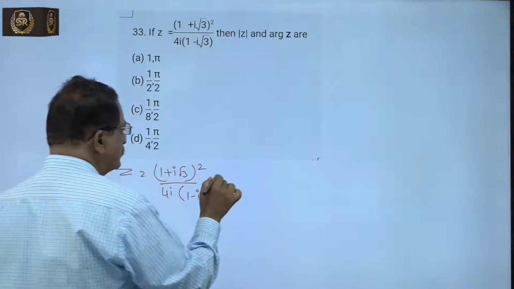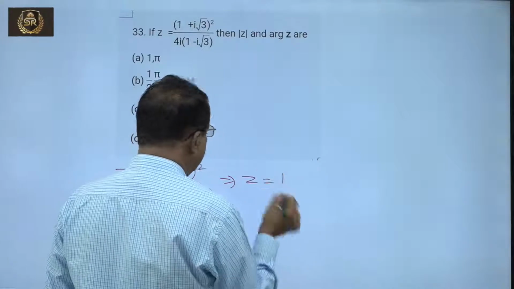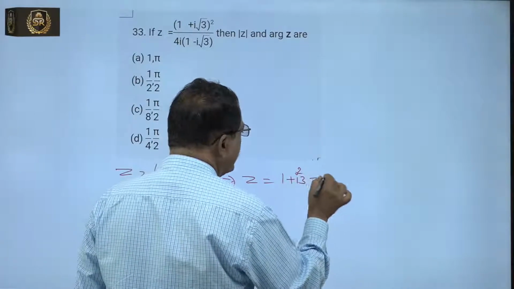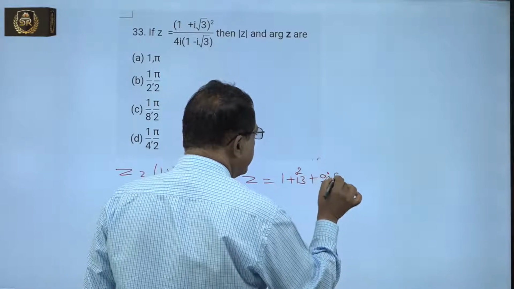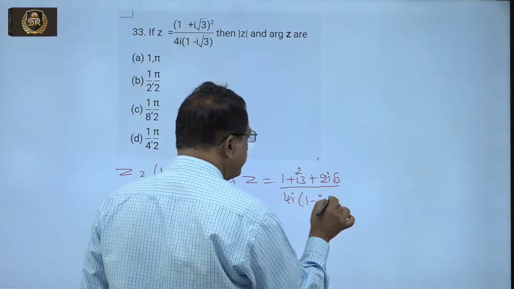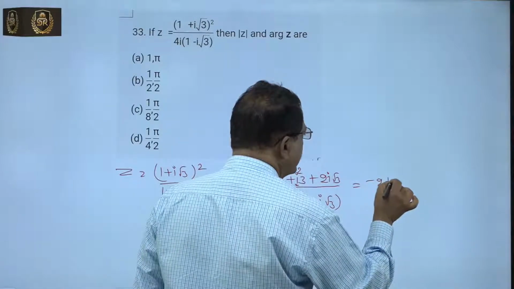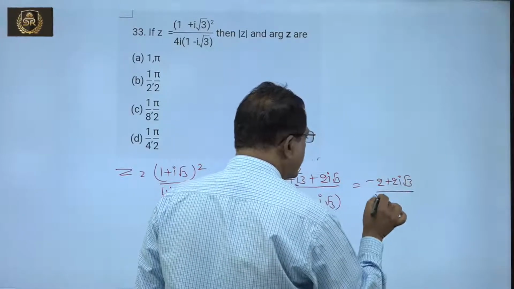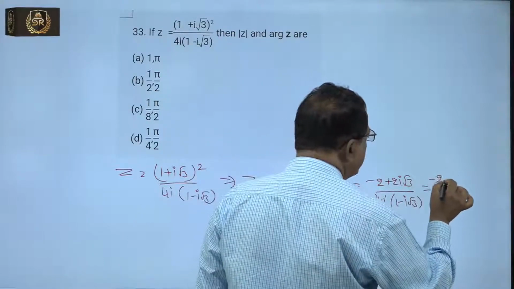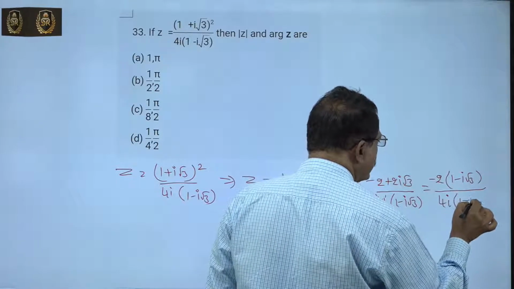Now here, given z equals (1 + i√3)². Using (a + b)², expand: 1 + i² times 3 + 2i√3, over the denominator 4i(1 − i√3). Here i² equals −1, so the numerator is 1 − 3 + 2i√3. In the numerator, take −2 common: −2(1 − i√3) over 4i(1 − i√3).